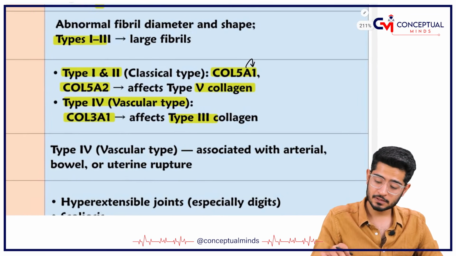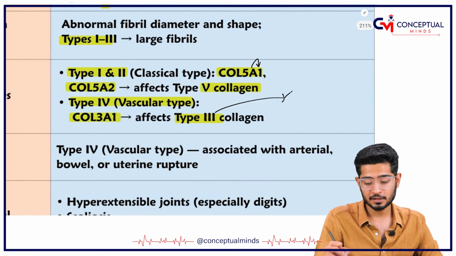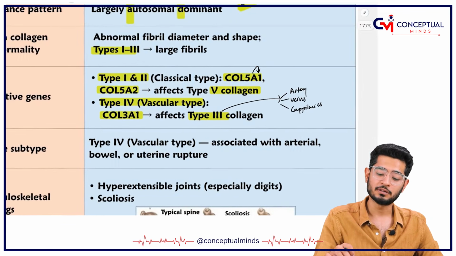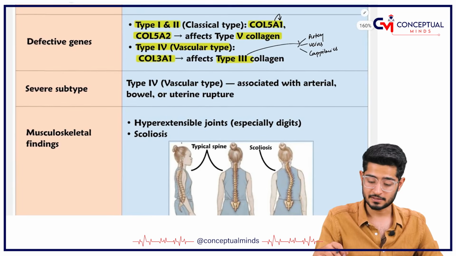So how to remember this? COL3 is the vascular type. Remember there are 3 types of vessels: arteries, veins, and capillaries. So you can easily remember that type 3 or COL3A1 is going to affect the vessels.